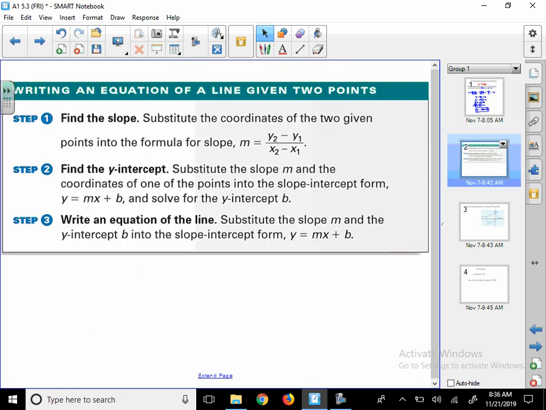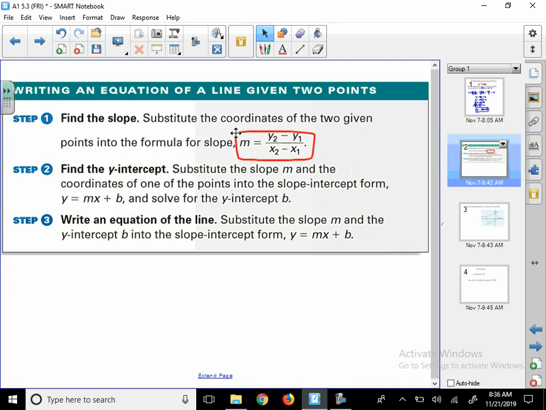So, general steps, if you are someone who likes to follow the exact same steps every time, okay, first thing you got to do, find your slope. Okay, that is the most important thing you do when you're writing the equation of a line. Okay, get that slope right away, whether it's from a graph, whether it's from your slope formula. Again, here is your slope formula that we have been working with since last chapter.